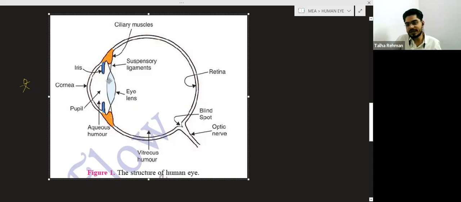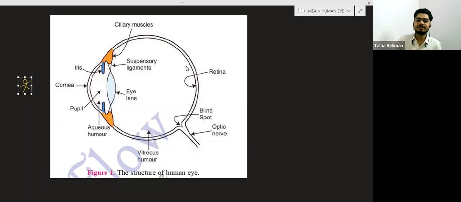After striking the eye lens, this eye lens produces the image of this object on the retina. And there is one speciality of the retina given by nature. This retina has light sensitive cells.